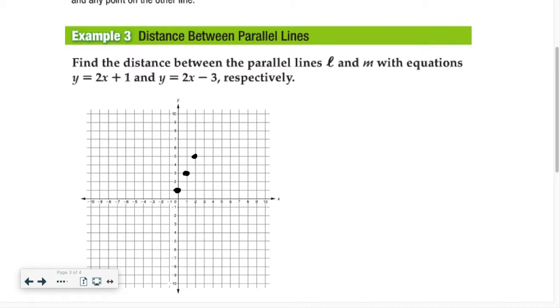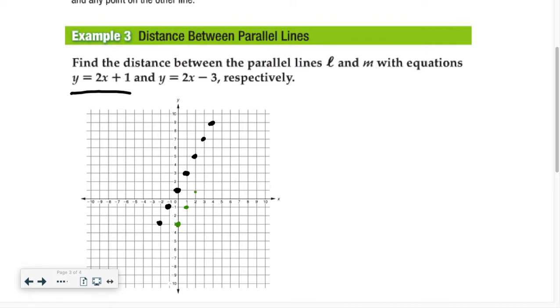So there's your line L. Line M has a y-intercept of -3.